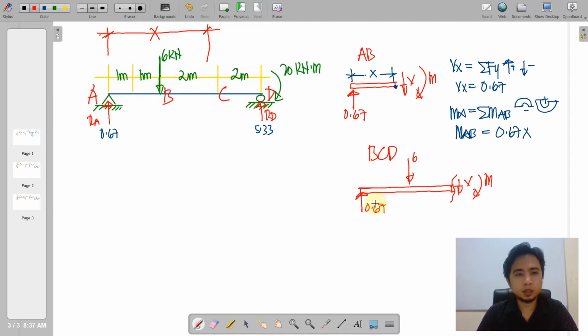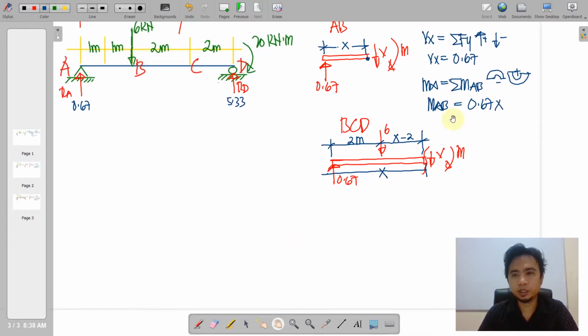So we draw the figure. We draw the forces on the left portion together with its distance, so that if this is x, this is of course x less 2. So of course we do the same. We take forces vertical for Vx.